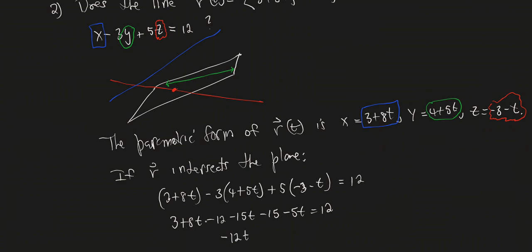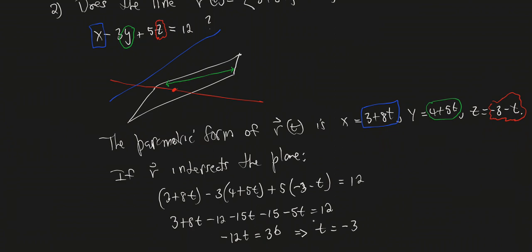And then let's look at our constants. 3 minus 12 is negative 9, minus 15, so that's negative 24. Add 24 to both sides, and we get 36. And there we go. So this implies that t is equal to negative 3.